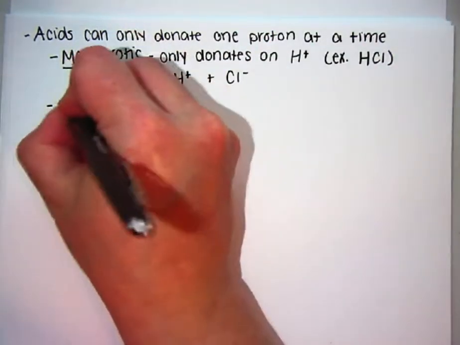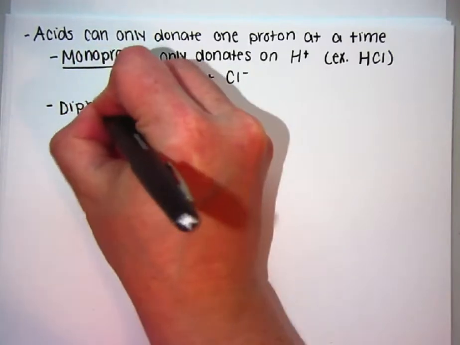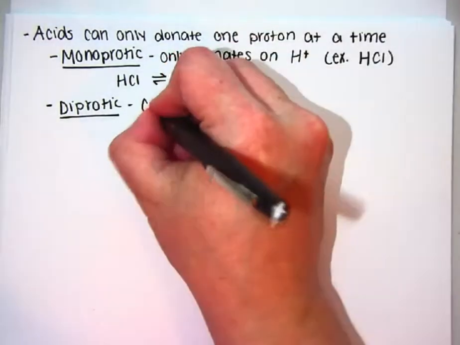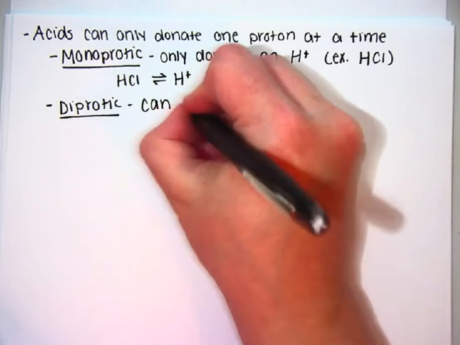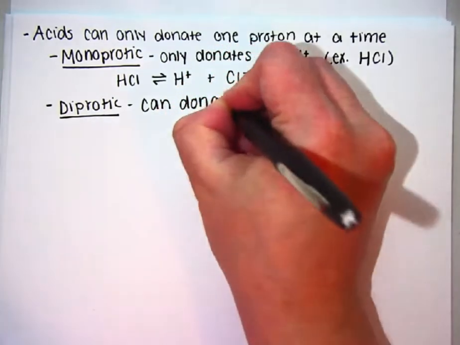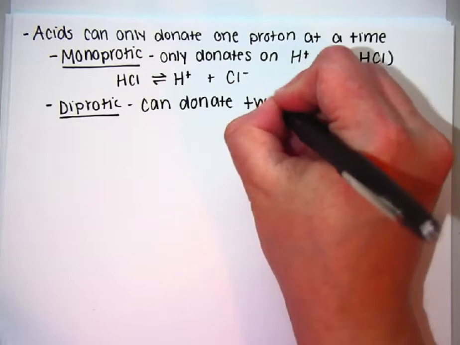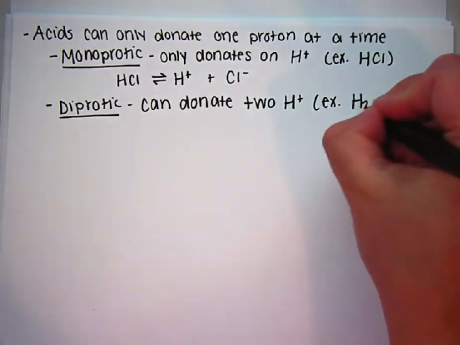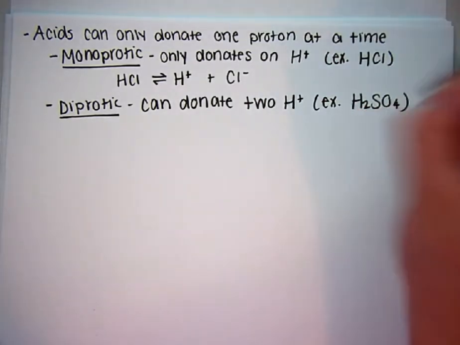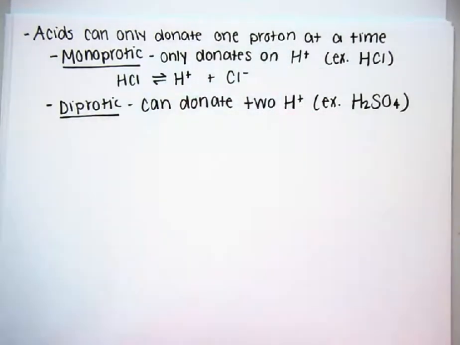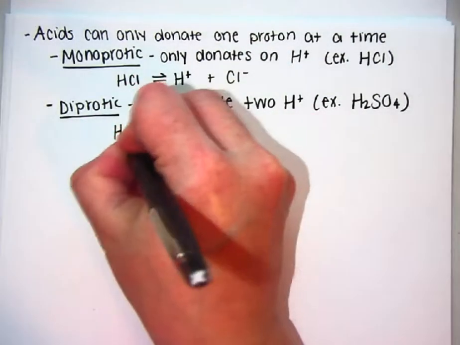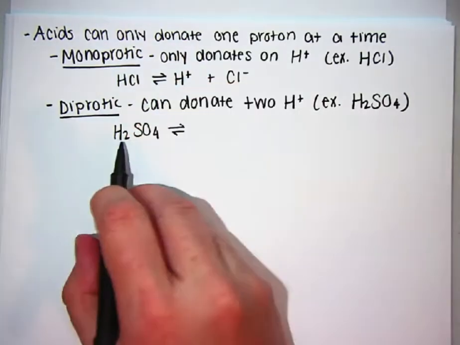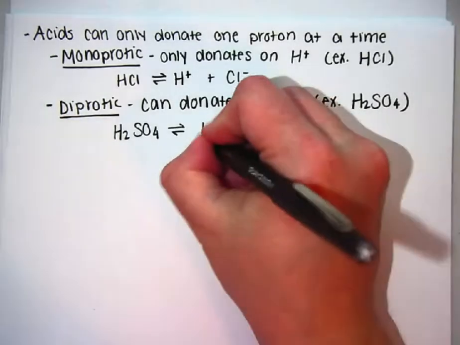We can also have diprotic acids. Diprotic acids can donate 2 hydrogens or 2 protons. Like sulfuric acid. But it can only donate 1 proton at a time. So even though sulfuric acid has these 2 protons, we can only donate 1 at a time.